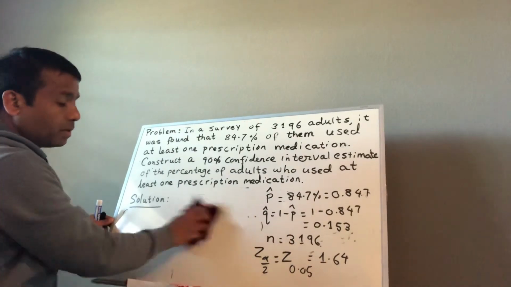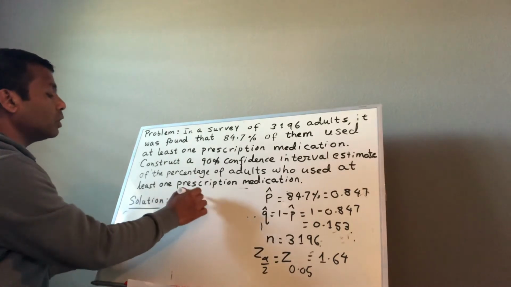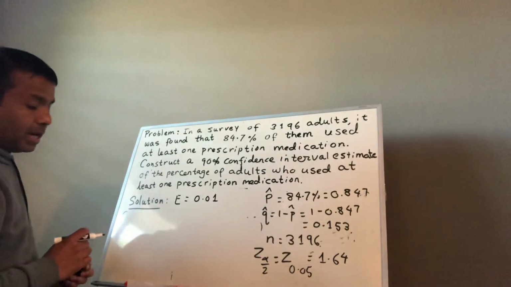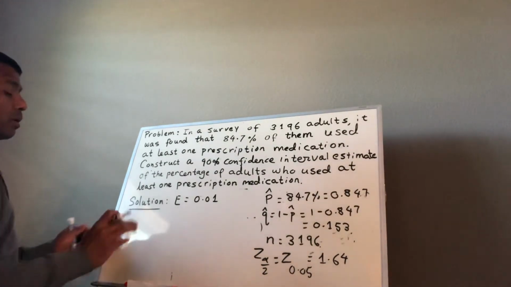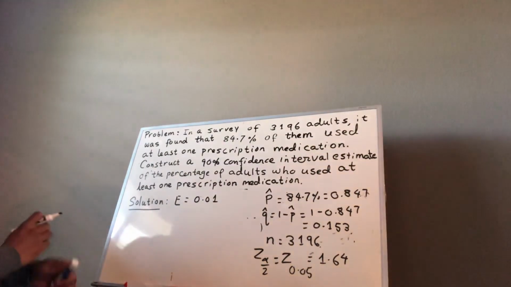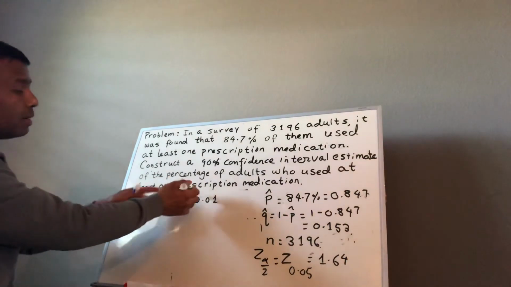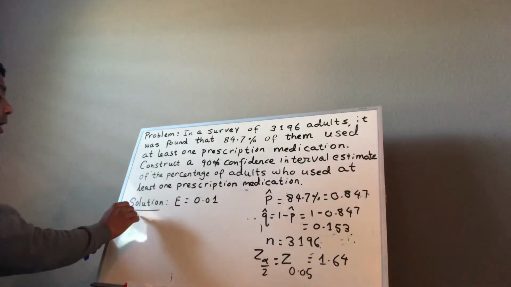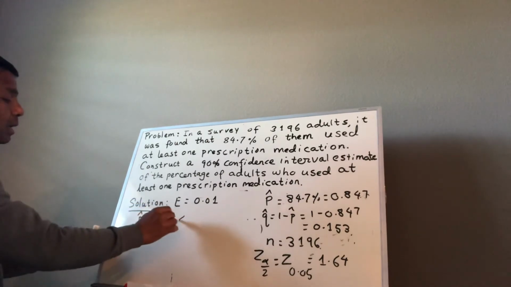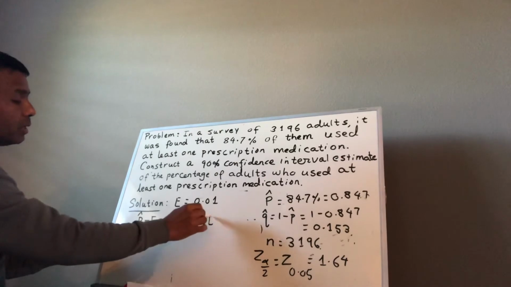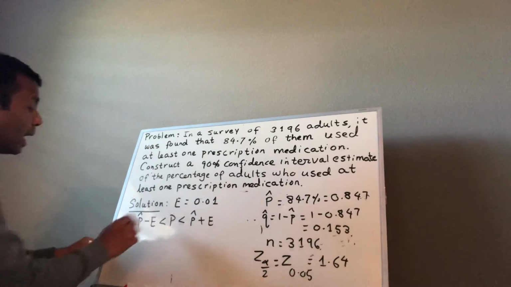You remember the confidence interval to estimate the percentage of adults who used at least one prescription medication is given by P hat minus E is less than P is less than P hat plus E. So this is the confidence interval, right?